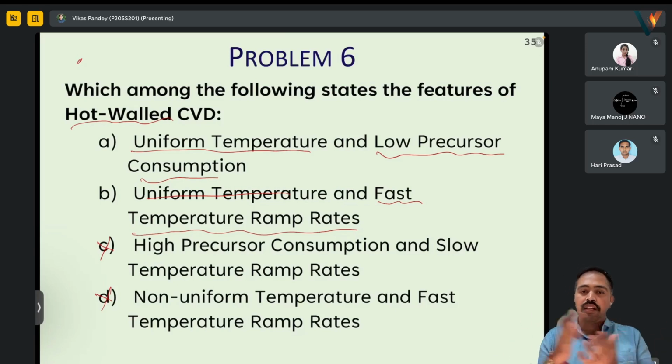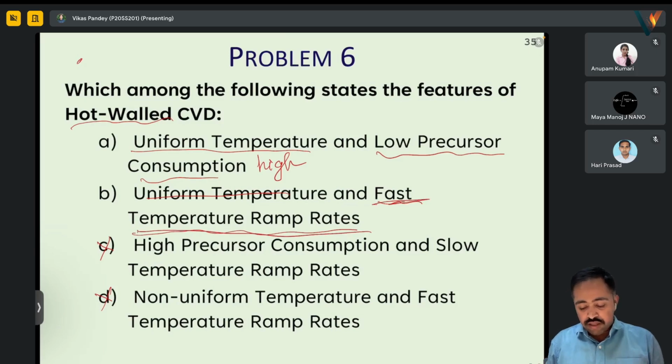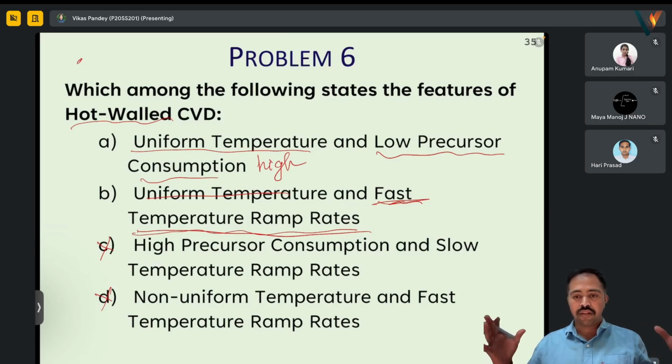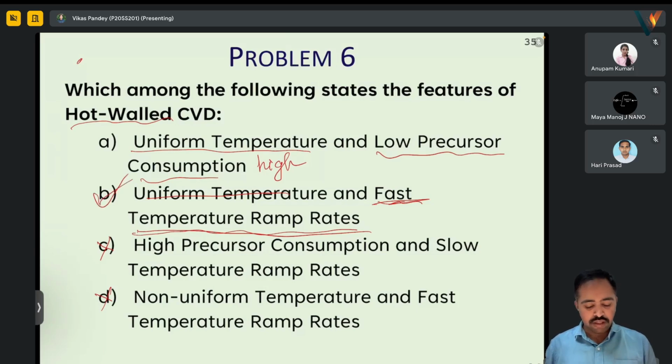So reactions will take place at all the positions. So the precursor consumption will be high. There are fast temperature ramp rates because if you try to increase the temperature, it will increase very fast, and since we have a large area, it will cool down also. The fluctuations are very high, but we have seen that small fluctuations will not affect our deposition in case of hot walled CVD. So answer B should be the correct.